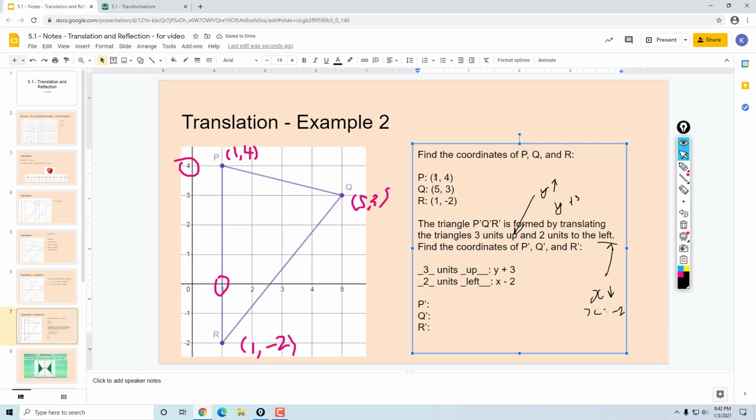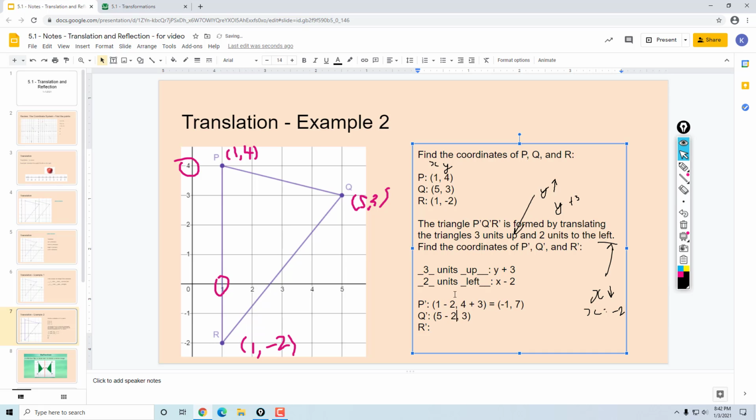The first one is x, the second one is y. That's always true. So that's why P prime would be x, 1 minus 2 is negative 1. And the next one is plus 3, which gives us negative 1, 7. For the next one, we have 5 and 3.